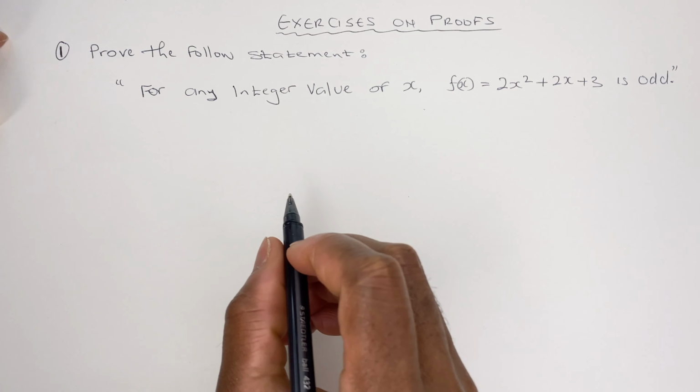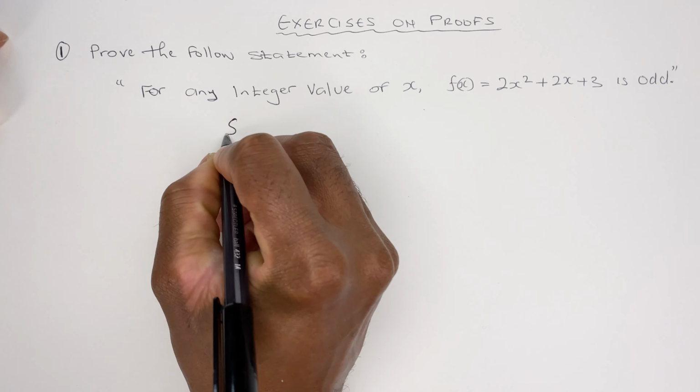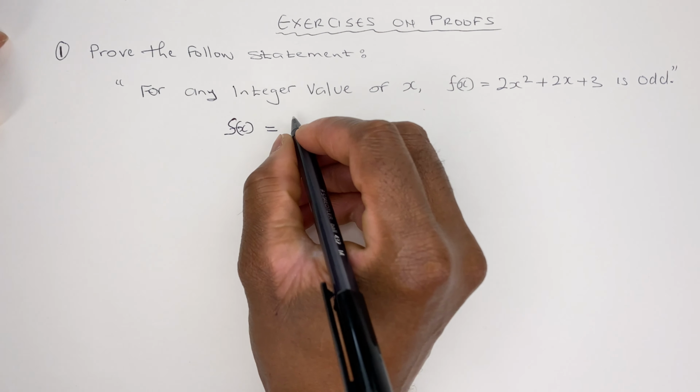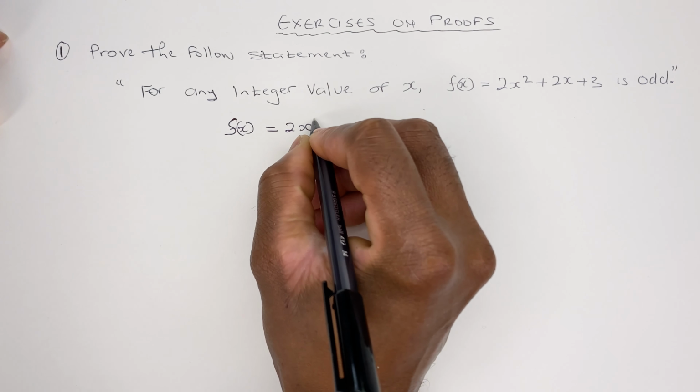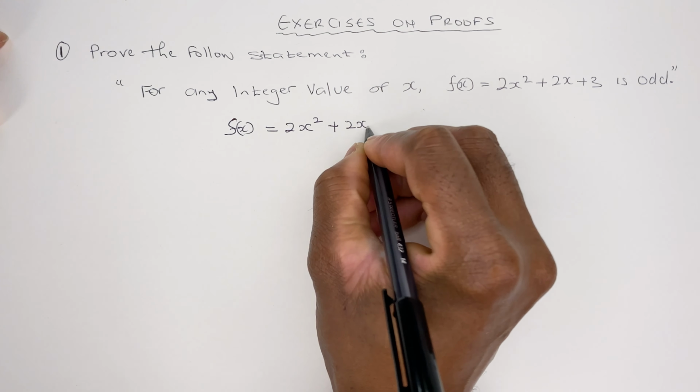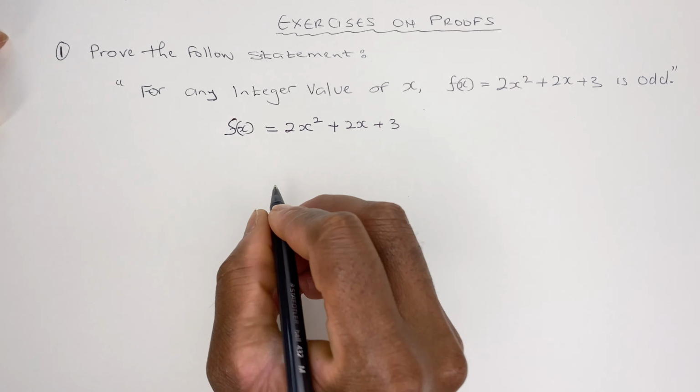Well, to solve this problem, let's write down f(x). So f of x is 2x squared plus 2x plus 3.